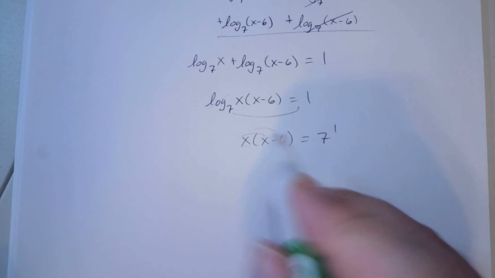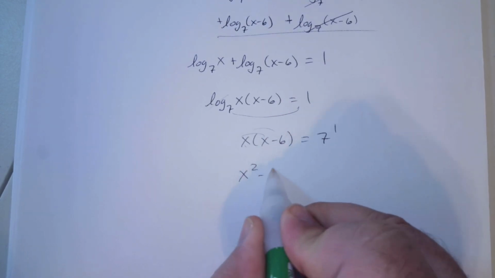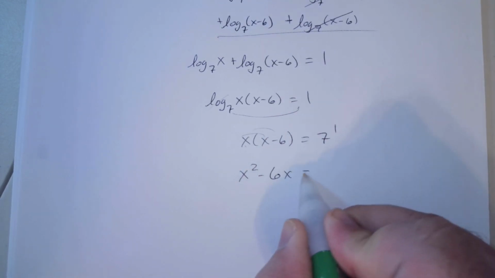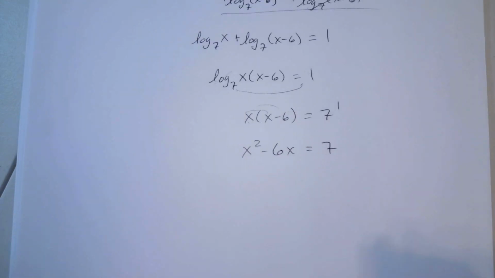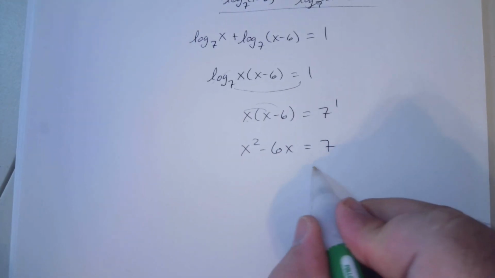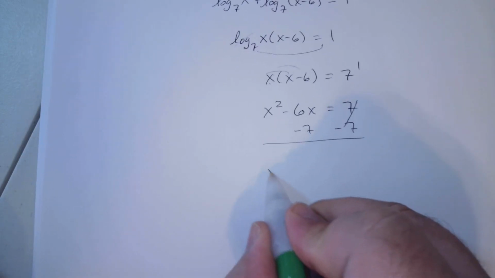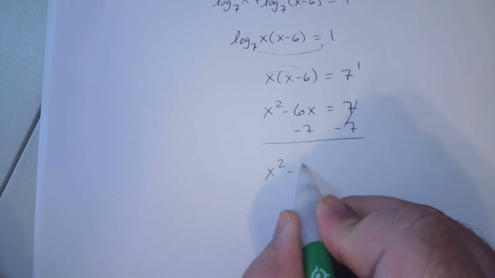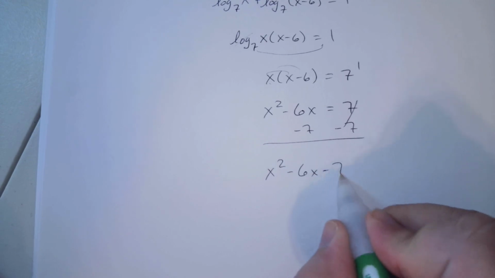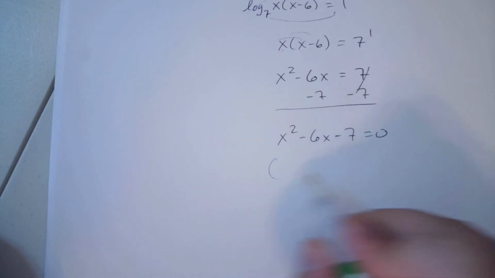Get rid of the parentheses. x squared minus 6x equals 7. It's quadratic, so it has to equal 0. x squared minus 6x minus 7 equals 0.